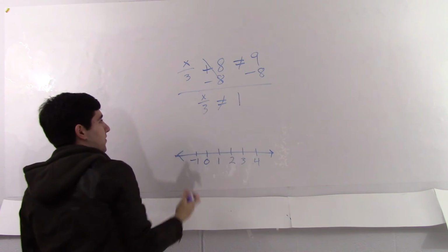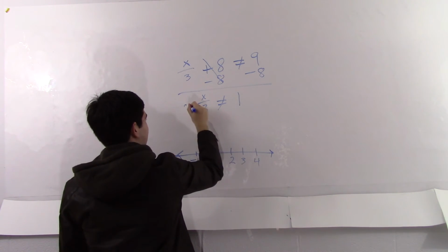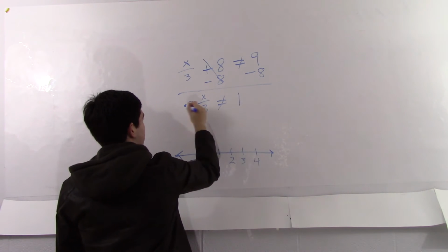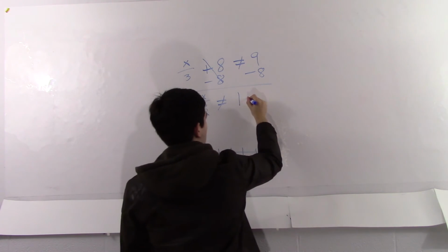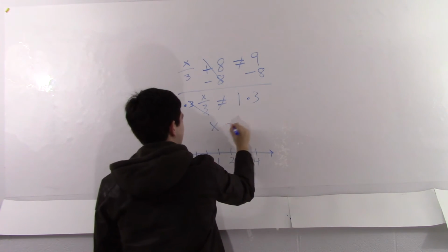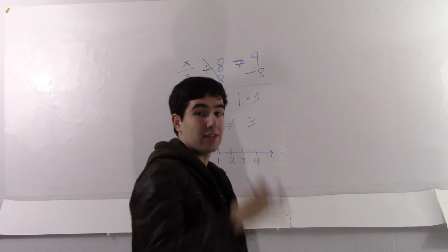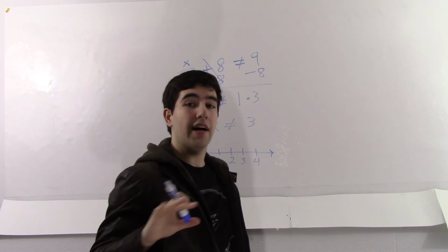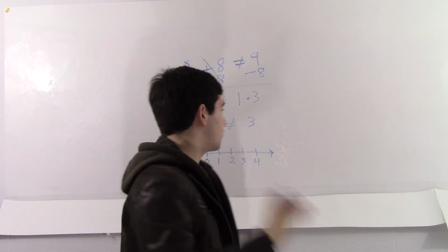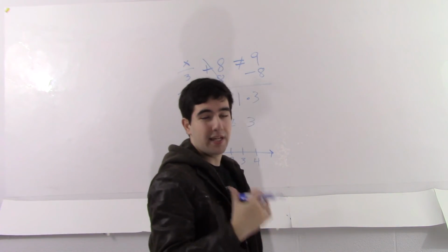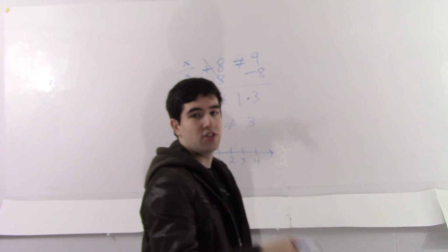So to get rid of the fraction, we're going to multiply each side times 3. So we know that x cannot equal 3. That means x can equal any other value that's greater than 3, any value that's less than 3, just not 3. We don't know what value equals, but we can determine from this that it doesn't equal 3.